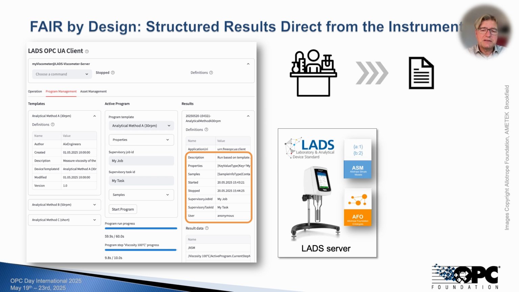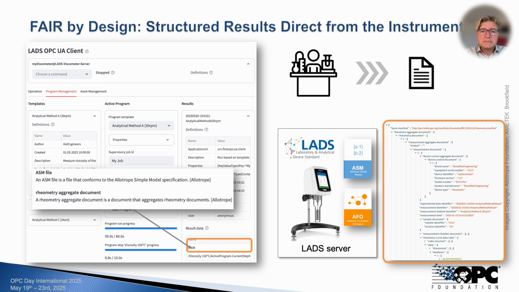All of this semantically enriched, labeled with Allotrope Foundation ontology terms wherever applicable. Below that, we see the analytical endpoints provided as OPC variables inside the result data, again labeled with Allotrope Foundation ontology semantics for clarity and machine readability. But most importantly, the complete result is also available as an Allotrope Simple Model, following the geometry manifest.